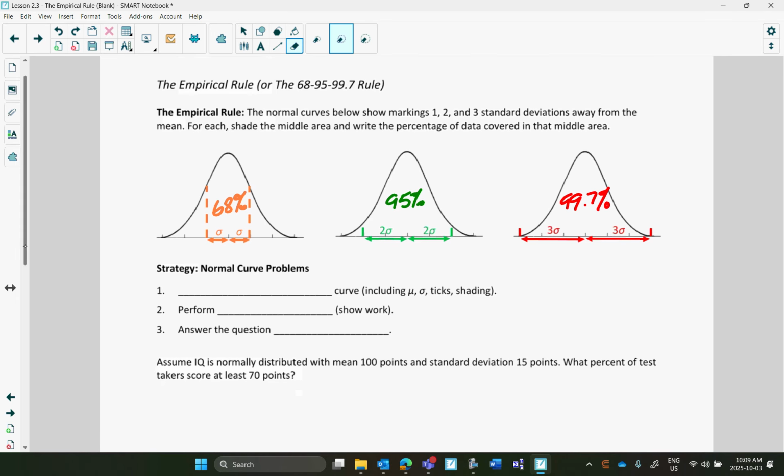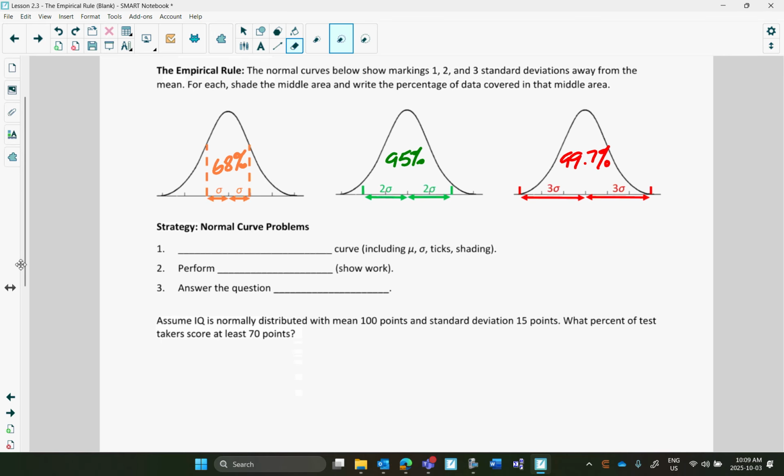And we can use this knowledge to answer questions about distributions. Okay? So when we have normal curve or normal distribution problems, first of all, we want to draw and label a normal distribution curve.